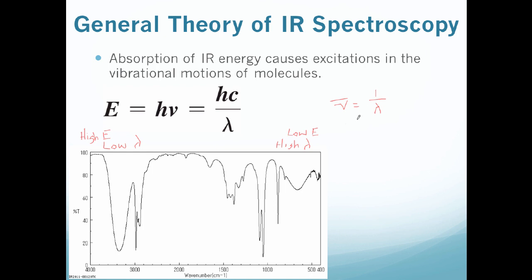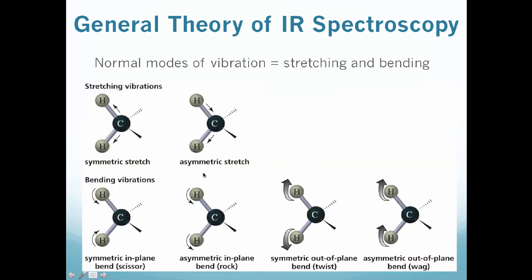So a higher wave number corresponds to a lower wavelength. So here where we have high energy, we also have a high wave number. So at the left we have 4,000 wave numbers. Down at the right we're clear down to 400 wave numbers. And again, the units of wave numbers is inverse centimeters. Now a molecule has different normal modes of vibration, and these include stretching and bending.